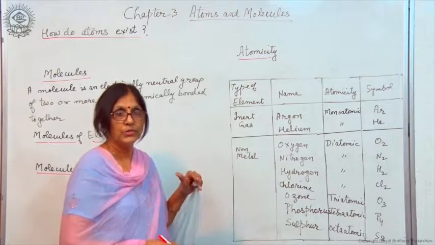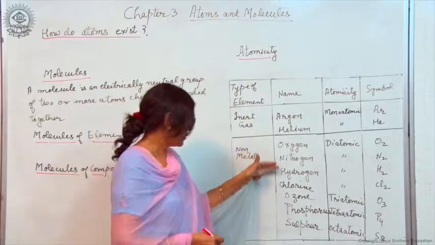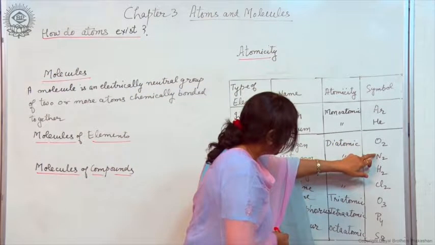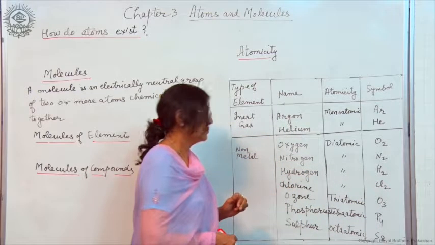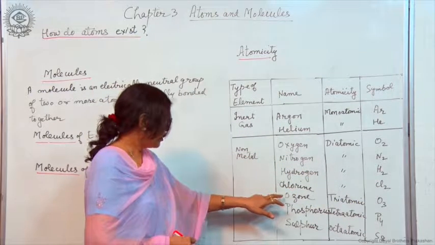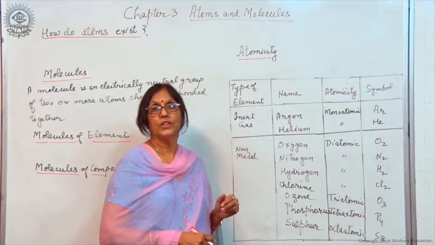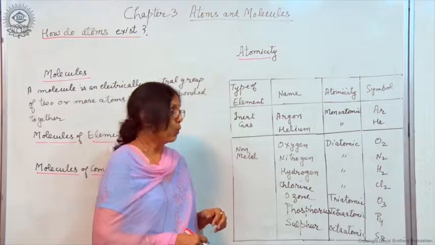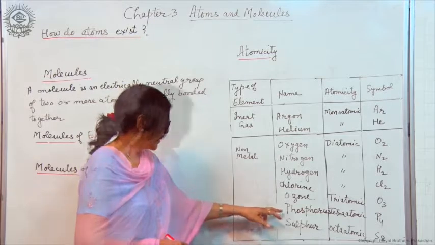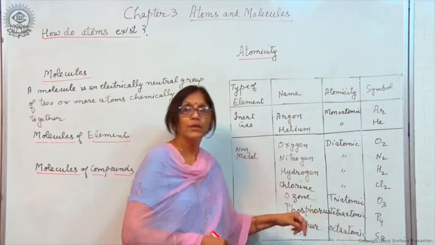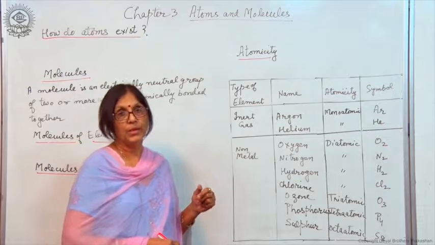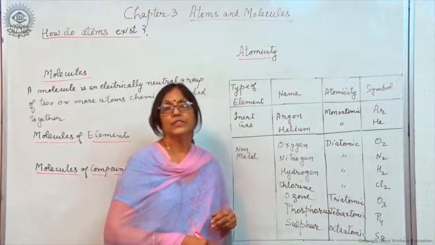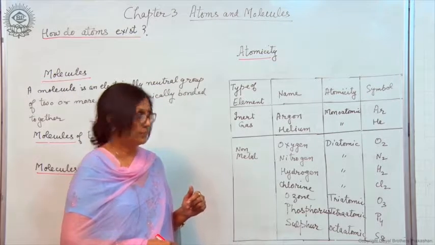That is, there are two atoms in the molecule of these gases and they are written as O2, N2, H2, Cl2. In the molecule of ozone there are 3 atoms, so it is triatomic and its symbol is O3. In phosphorus there are 4 phosphorus atoms chemically combined together, it is tetraatomic and its symbol is P4.